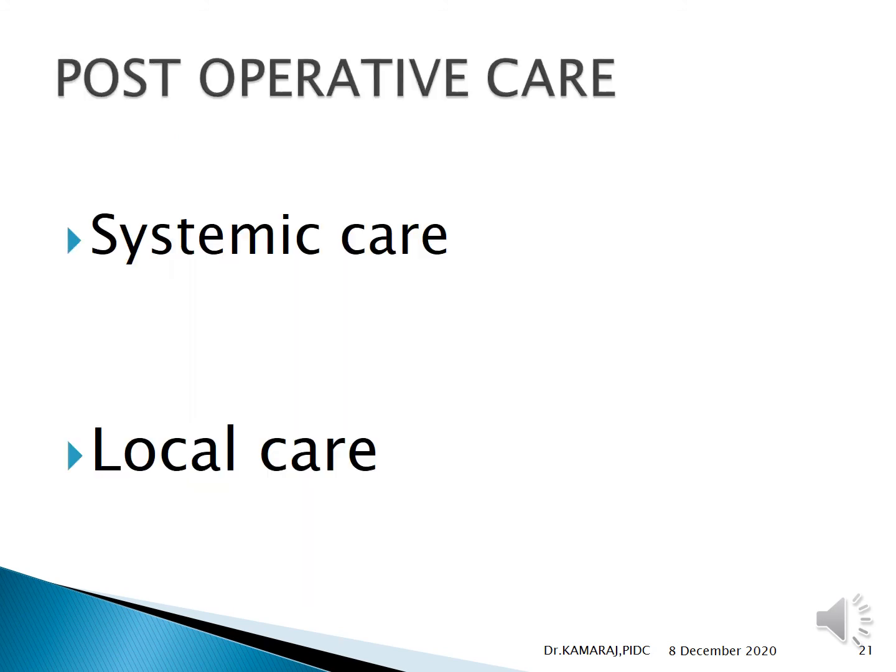So after surgery, there are two things that we need to take care of. One will be the systemic care and the other one will be local care. The systemic care is needed if the patient is medically compromised and it has to be kept under control, for example diabetes or hypertension or any form of immunocompromised patient, so that it is maintained normal and the post-operative course is uneventful.